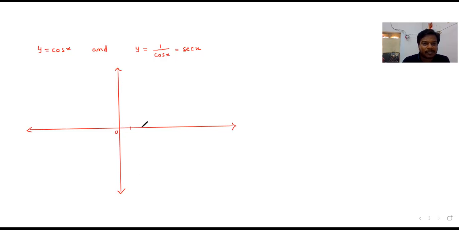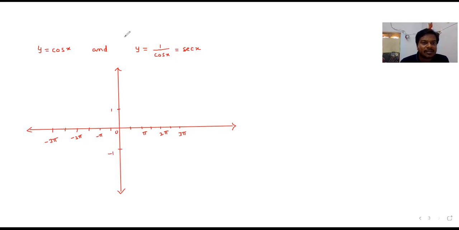Suppose here pi by 2, pi, third pi by 2, fourth pi by 2 means 2 pi, like that. First minus pi by 2, second minus pi by 2 means minus pi, third minus pi by 2, fourth minus pi by 2 means minus 2 pi. Next here it is minus 3 pi. Assume that it is 1 and it is minus 1.